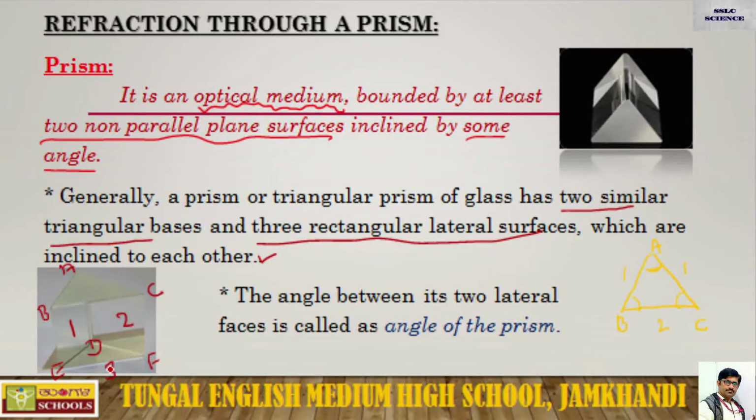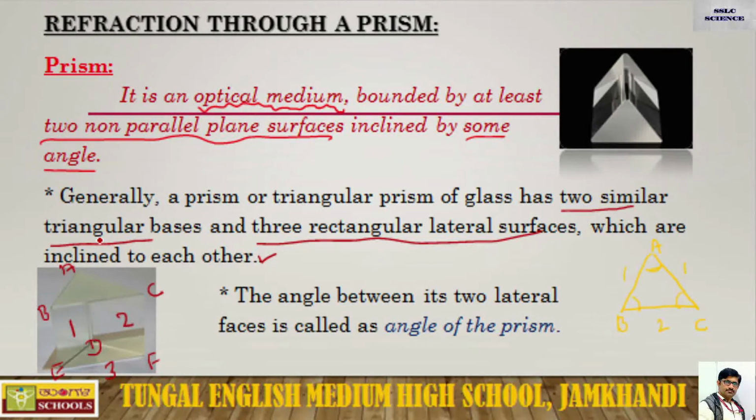So the prism has this kind of structure, with all these portions inclined to each other. Look at this: AB and AC are inclined, AB and BC inclined, similarly BC and CA inclined. This type of figure is known as a prism.